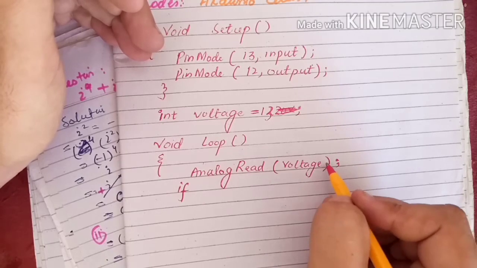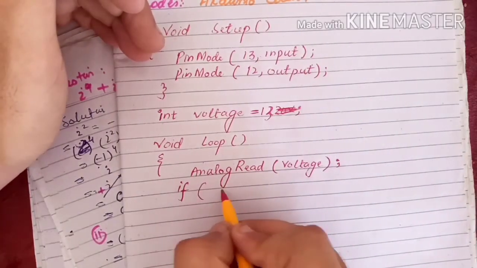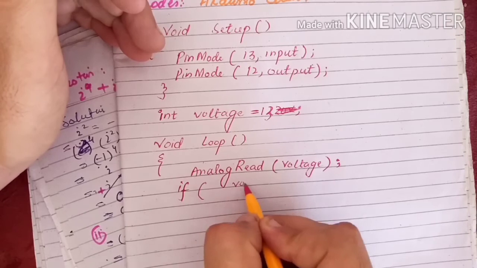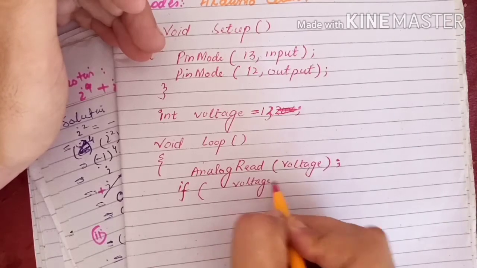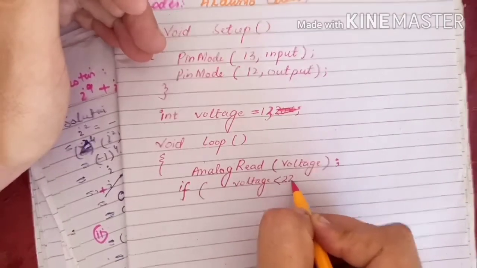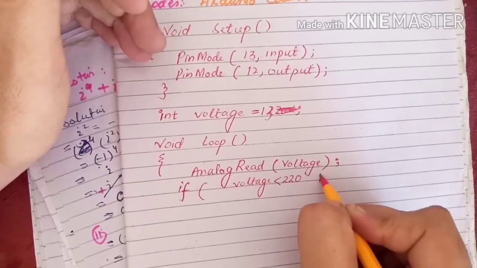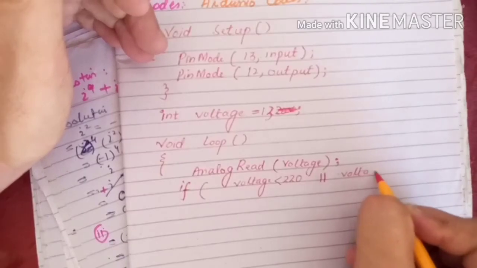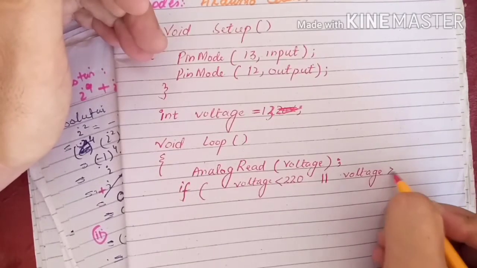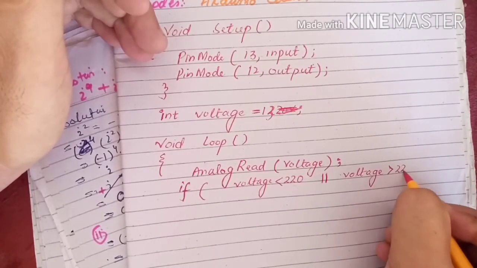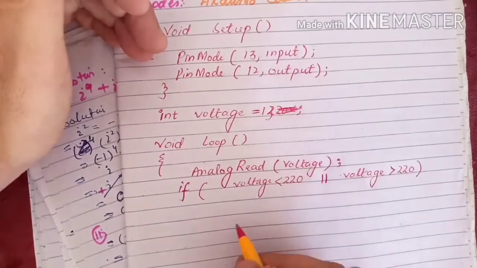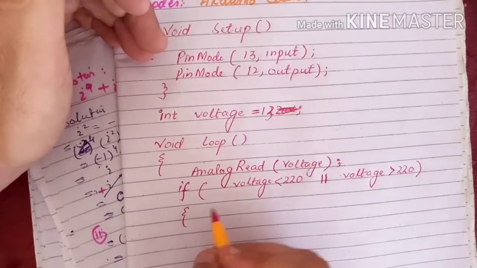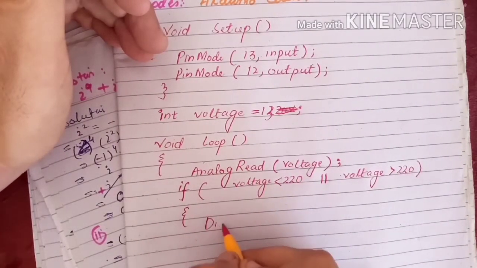We take 220 volt, because that will be automatically the analogRead voltage. So when voltage is less than 220 or greater than 220, you should know these are the symbols of an OR gate. OR decides which one, either this statement or the second statement, in the curly brackets.